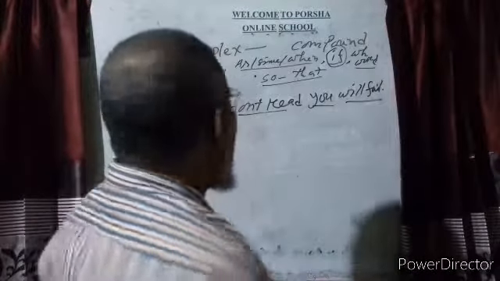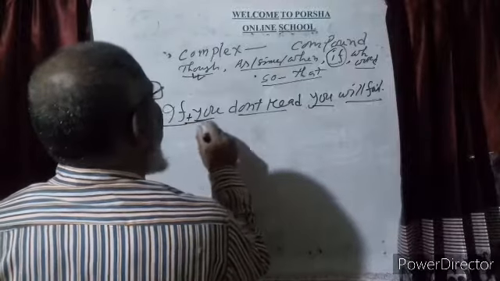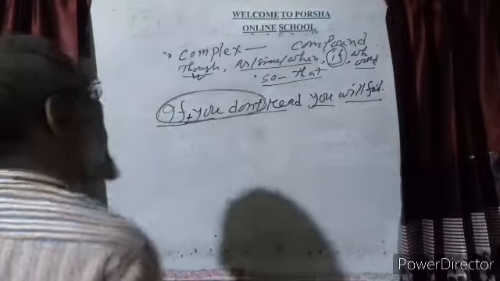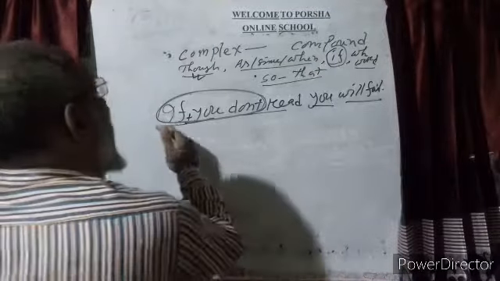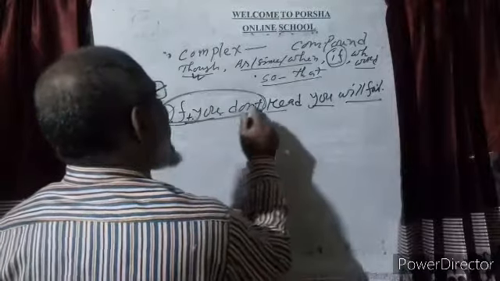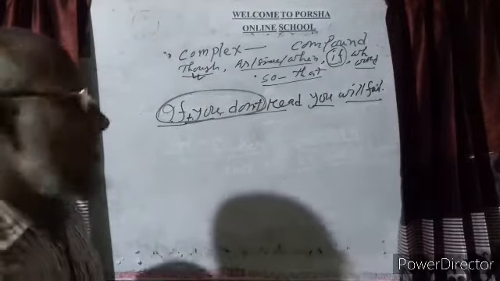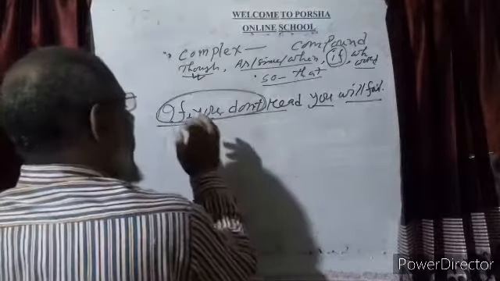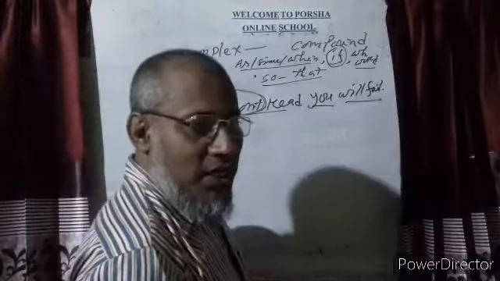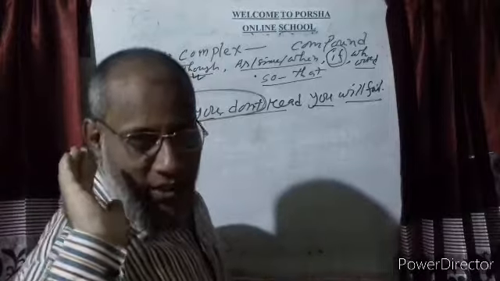I have mentioned before, if plus the negative part of this sentence will be omitted. If plus negative part, then if you don't, this is the negative part. Subject plus not, it is the negative part. So if plus negative part will be omitted, and then all things will be okay.